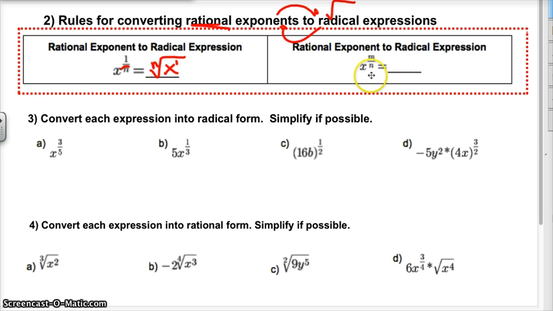The other version is where the number up top is not a 1, so we would again write the radical symbol, the x goes inside. That n on the outside is referred to as the index, and the m goes on the inside. I had a student one year say that they remembered this rule by the phrase, you have to go downstairs to get outside.